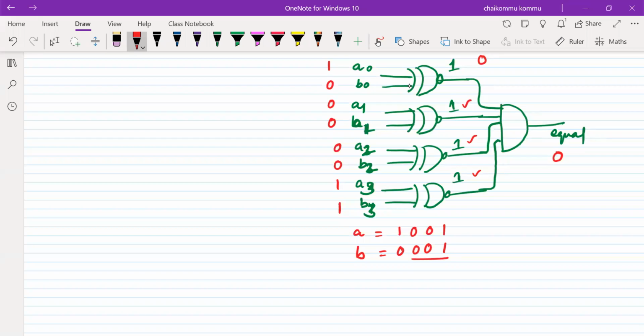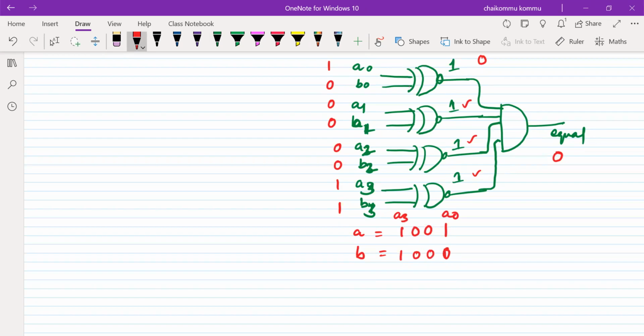Yeah, the mic is there. I think it is better to consider it this way: A is 1, 0, 0, 1, where this is A0 and this is A3. Similarly B is 0, 0, 0, 1.